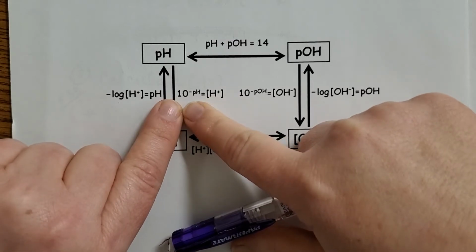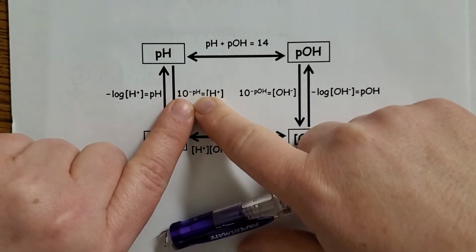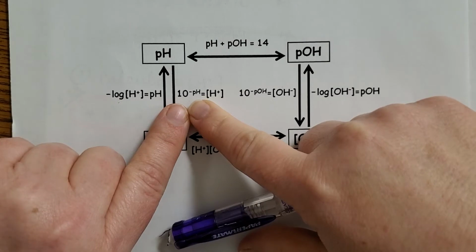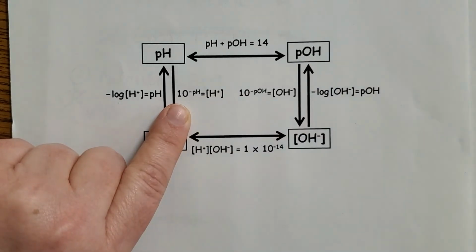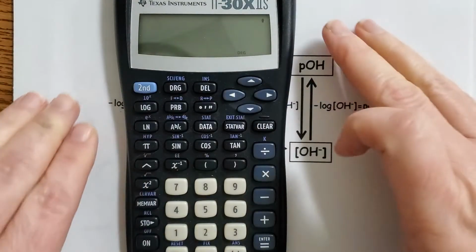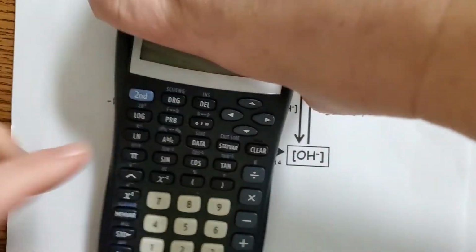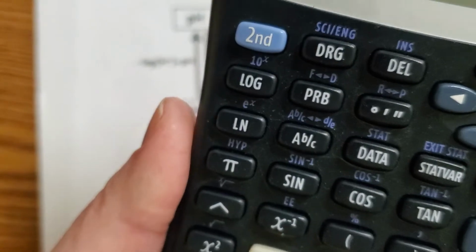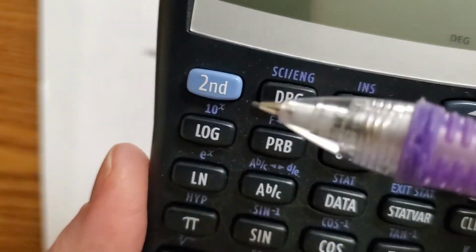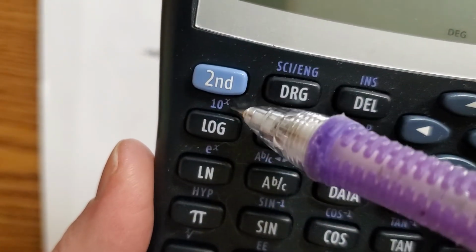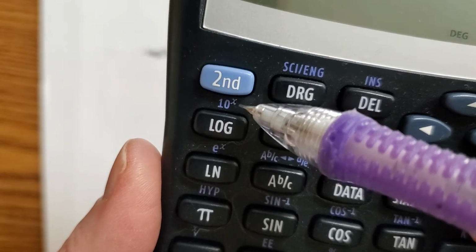So this is 10 to the power of the negative pH, or what we would call the inverse log. If you look on your calculator, on my calculator, here's the log button, but let me see if I can raise that up. See how if I hit second, it takes me to above the log button, and looky there.